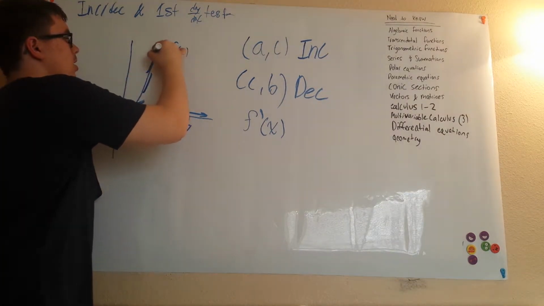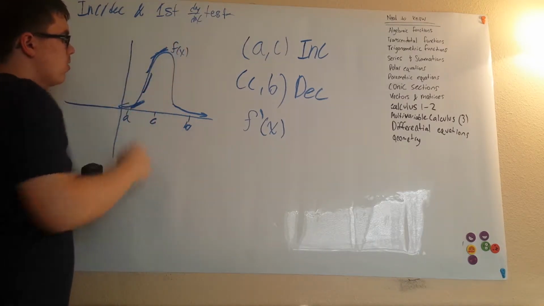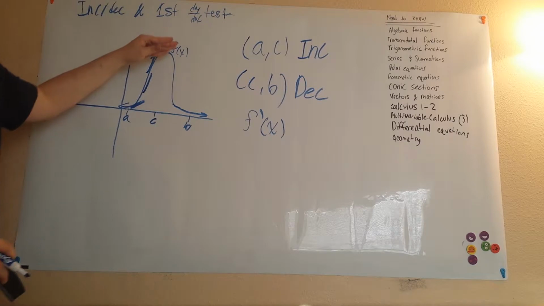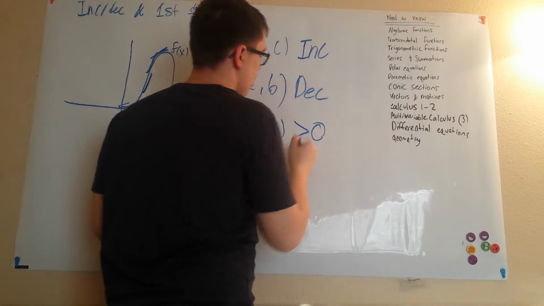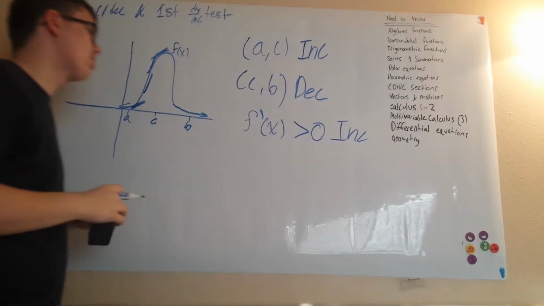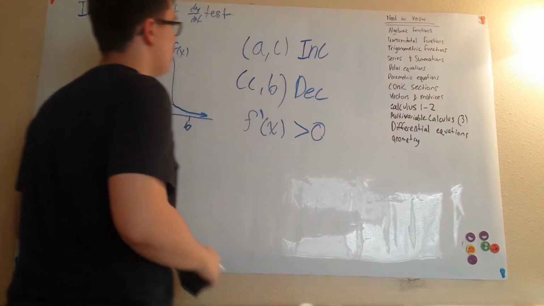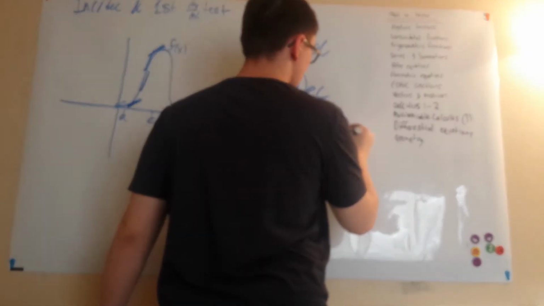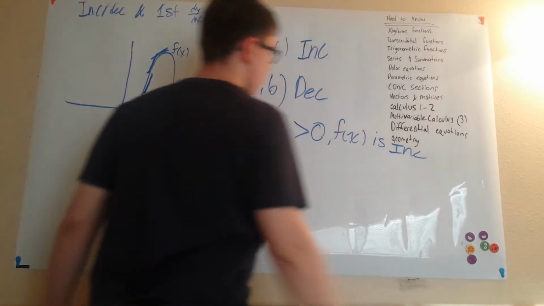What about here? It's positive. Here, positive. Here, positive. So, notice the pattern. When my function's increasing, the derivative is greater than 0. It's positive. So if f prime of x is greater than 0, f of x is increasing.